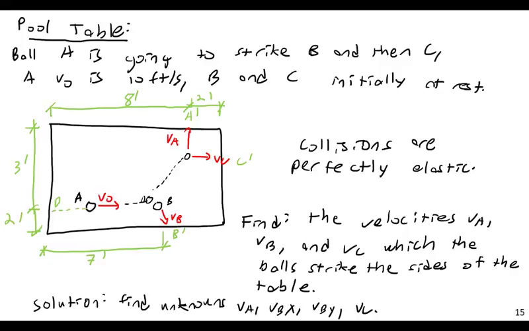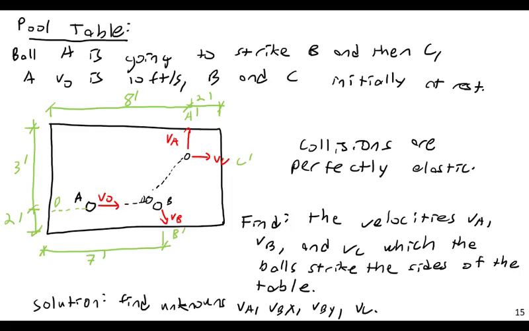Okay, so since we need 4 equations, I'm going to use linear momentum, angular momentum, and energy. I have 2 equations of linear momentum I can use, X and Y. I have an equation of angular momentum I can use, and I can use 1 equation for energy. So I'm going to set up equations for each of these and then solve them simultaneously to get our final values.